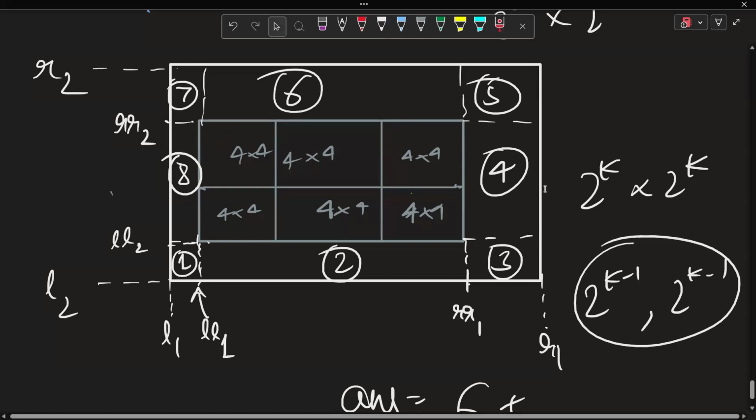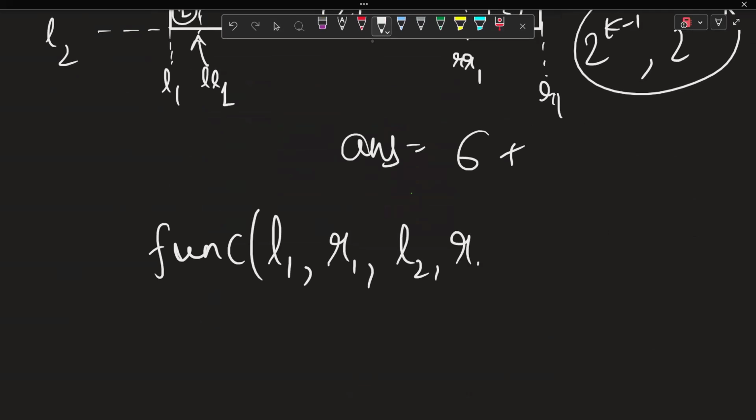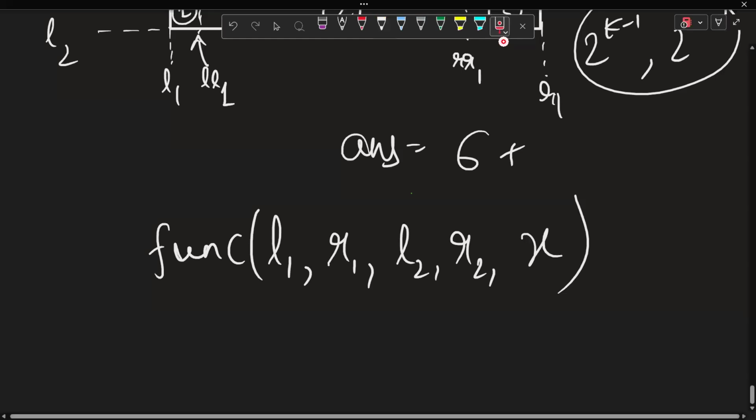So I'll create a recursive function with L1, R1, L2, R2, and X, which represents the maximum size of the square that you can take.